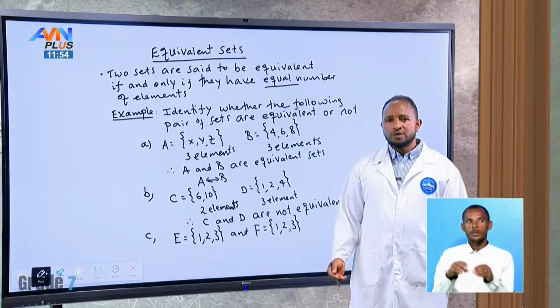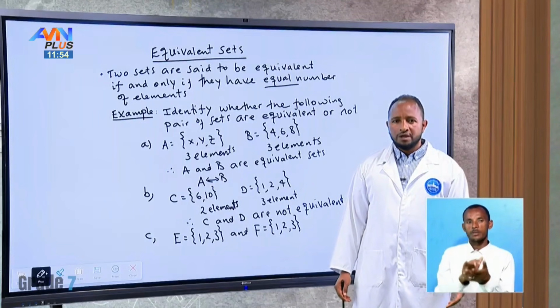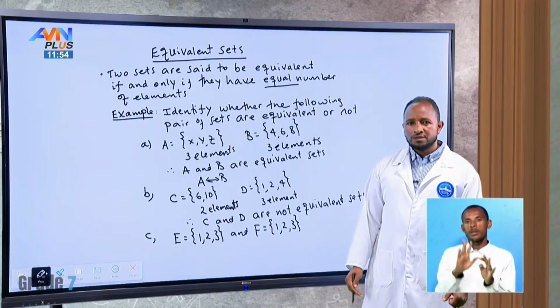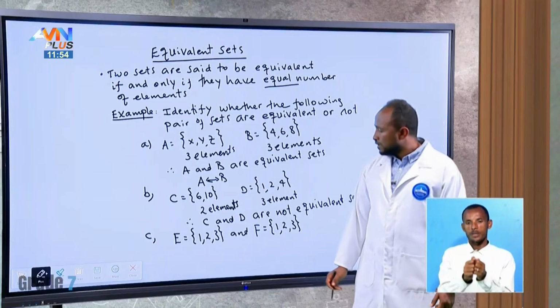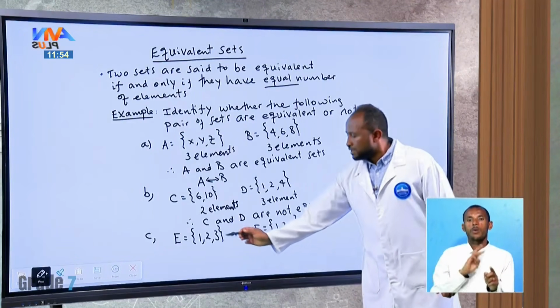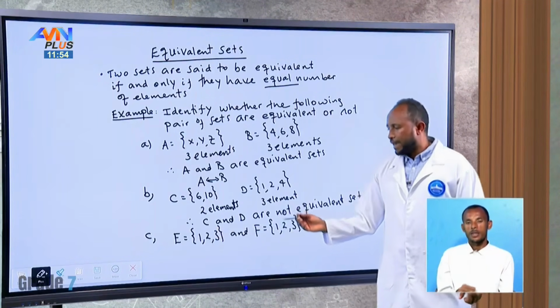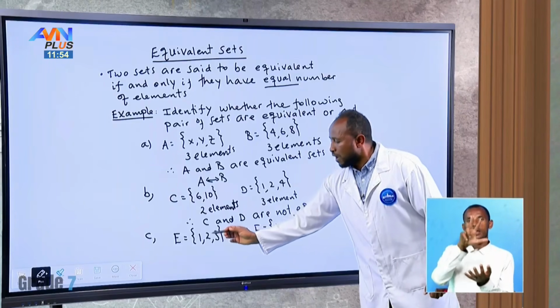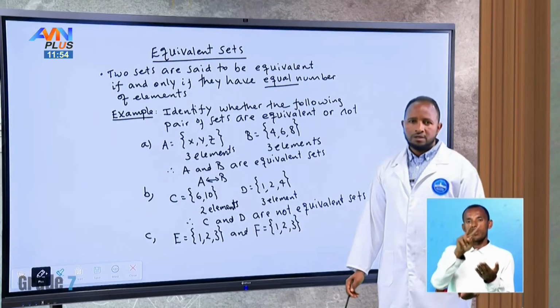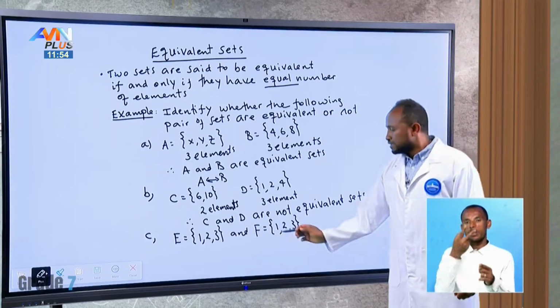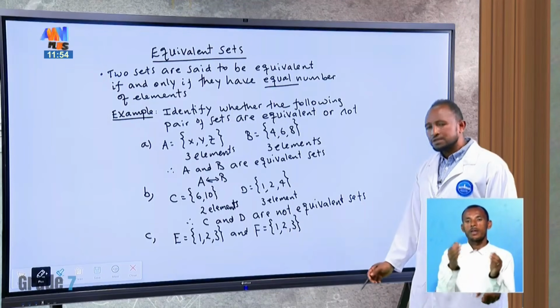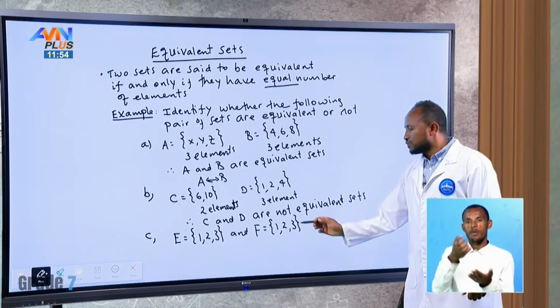Students, have you tried the question? Very nice. Now let's see the answer together. When we see set E, it contains 3 elements, 1, 2, and 3. And when we see set F, it contains 3 elements, 1, 2, 3.